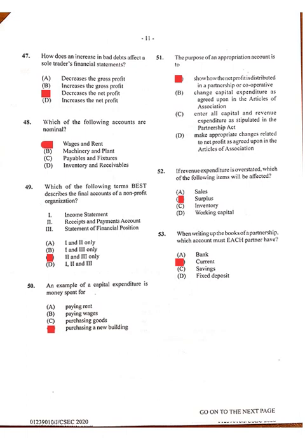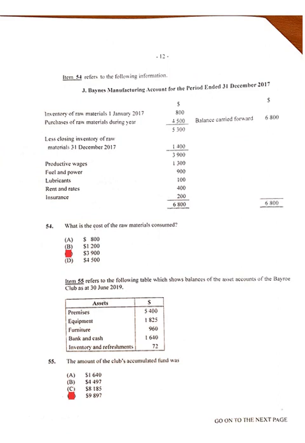53, when writing up the books of a partnership, which account must each partner have? Each partner must have a current account. So the answer is C for 53. Item 54 refers to the following information. A manufacturing account for the period ending 31st December 2017.